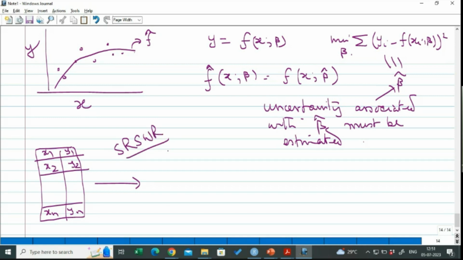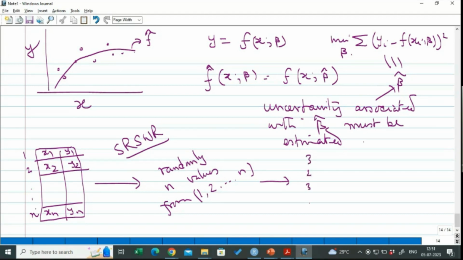You have indices 1 to n, so you randomly select n values from 1 to n. Say you have got values like 3, 2, 3, and like this, say 5. So these are n values.